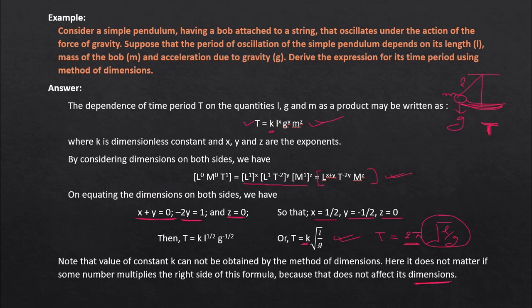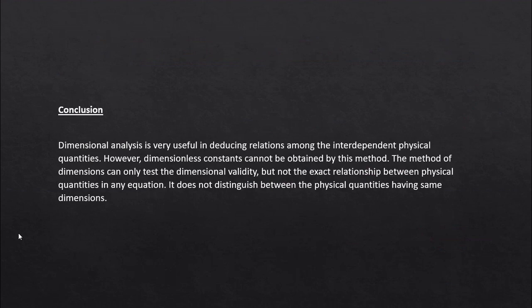So this is a very powerful tool to deduce any physical relation of the quantities. As a conclusion, dimensional analysis is very helpful in deducing relations among the independent physical quantities.